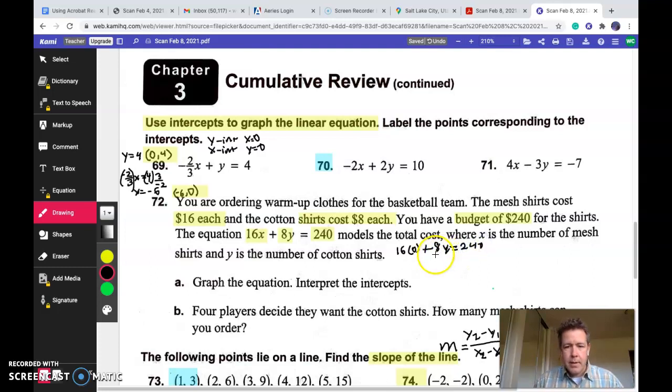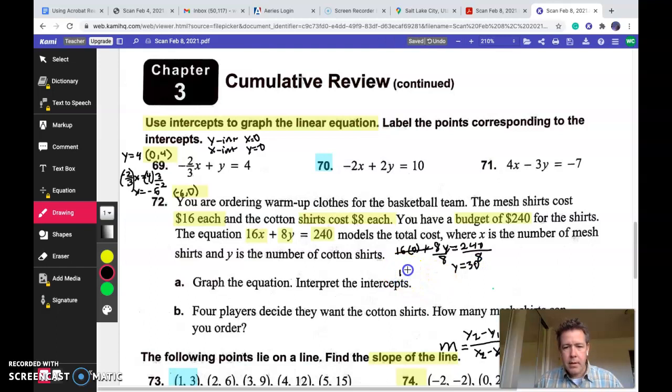So this intercept is going to be 8. This eliminates. Divide by 8. Divide by 8. And we can see we get y equals 30 of our cotton shirts.